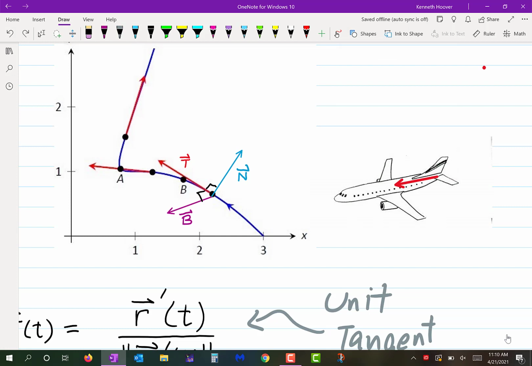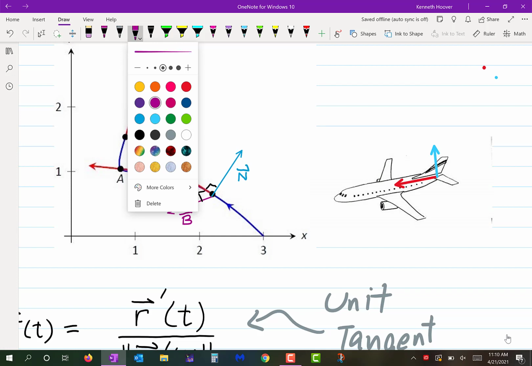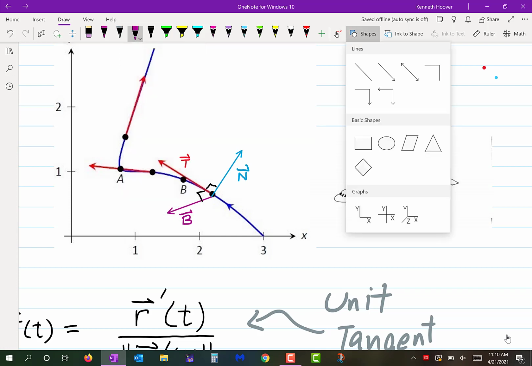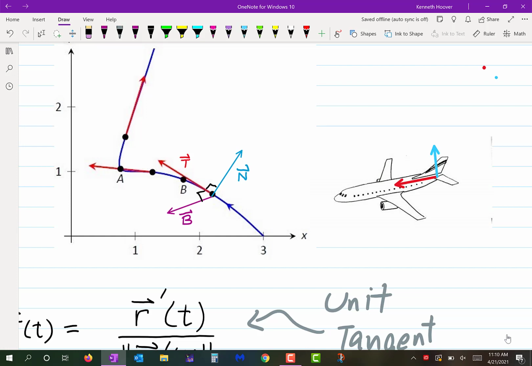I forgot what you call that thing that stands up there at the back of the plane. And then the binormal vector, I imagine as one of these back wings here.